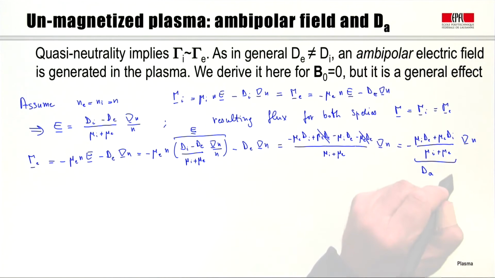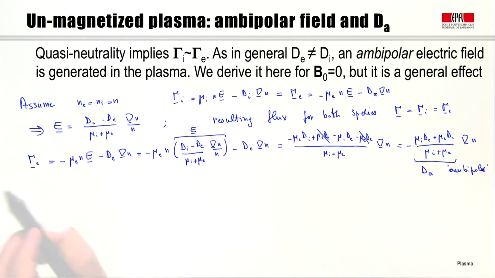It's a new diffusion coefficient. We call it ambipolar, D_A. And this diffusion coefficient is a combination of the different terms from ions and electrons. It's a consequence of the electric field, which we also call ambipolar, that was set up by the plasma in order to maintain equal fluxes for the different species and therefore quasi-neutrality.